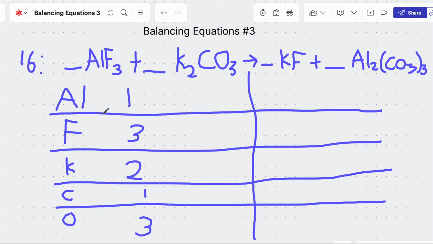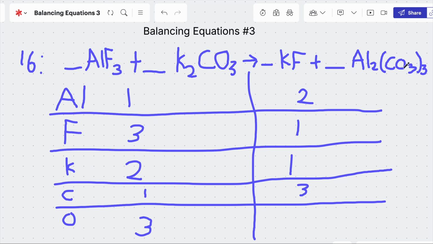Awesome. Then we go over to this side. Al, got that little 2 in front, so that's just at 2. F's, no number in front, so that's at 1. K, no number in front, that's at 1. C's, these are in the parentheses. So we get 3 times 1 for our C, which is 3.